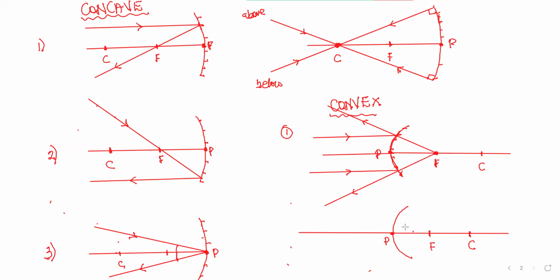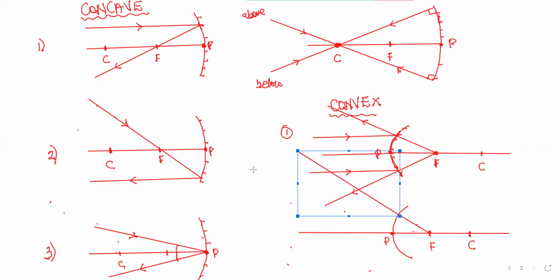Here, a ray from elsewhere must appear to be passing through F. The ray is coming from here.